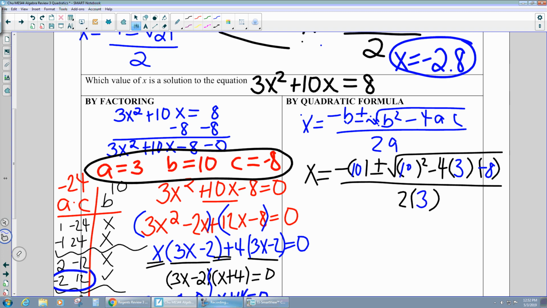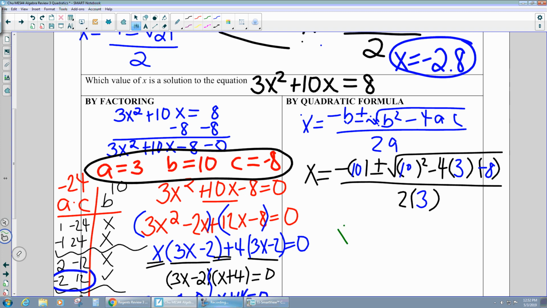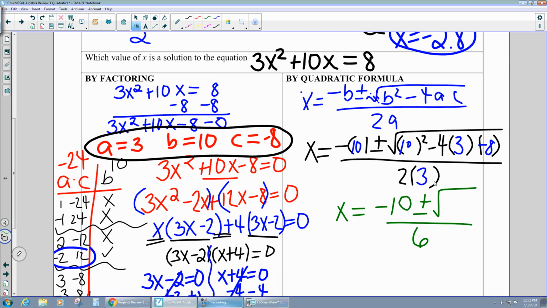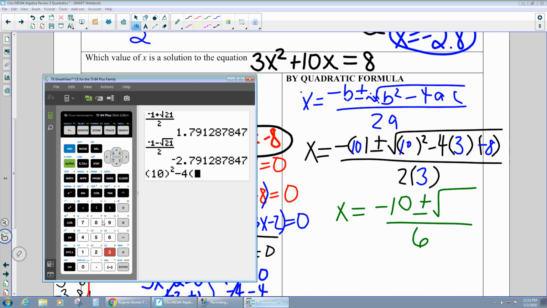So the first thing we want to do is simplify everything on the outside. So negative parentheses 10 is just negative 10. Plus or minus, let's leave the square root open. Let's do the bottom first. 2 times 3 is 6. And now we're going to plug everything inside your square root into your calculator. 10 squared minus 4, parentheses 3, parentheses negative 8.